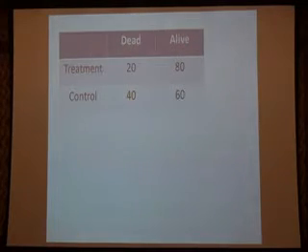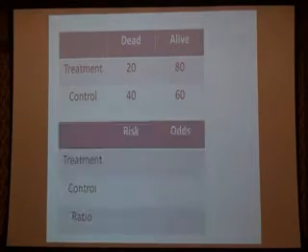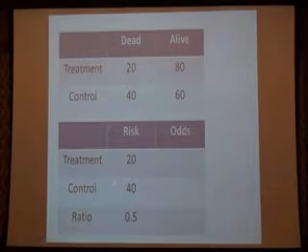Now, I'll show you what happens if you have a treatment that reduces mortality. Control group, 40% mortality, 60 are alive. Treatment group, 50% reduction, 20 dead, 80 alive. If you calculate the risk ratio, it is 20 divided by 40, which is 0.5.